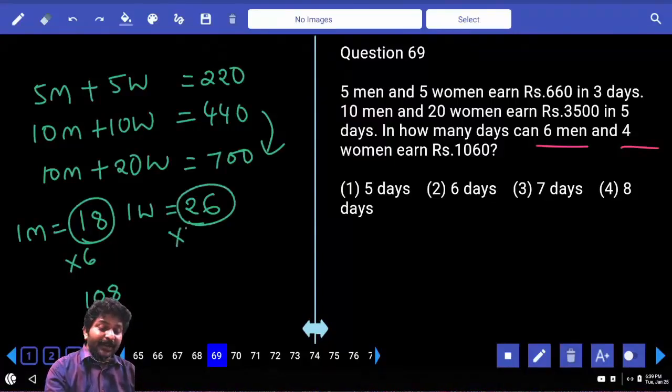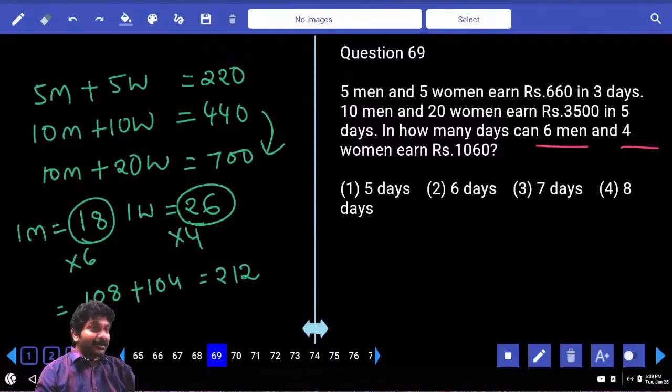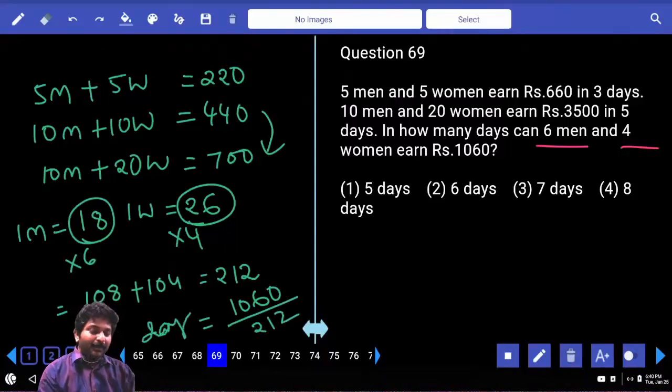That is into 4 times only. 26 4 times, double 100. So 6 men and 4 women per day can earn this much money, which is equal to 212. Like that we need to get 1060. So the number of days is equal to 1060 divided by 212 only. Per day payment 212.